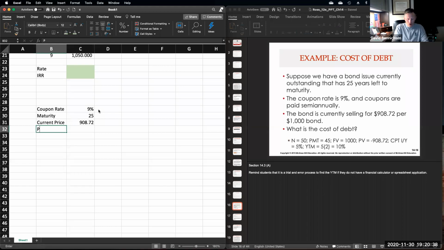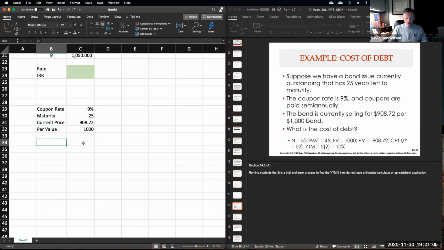And we know that par, because we've done this before, is 1,000. Okay, so what's the cost of our debt? What is the expected return? What is the yield to maturity? What return is required in the market today in order to make the present value of this bond equal to the current price? Essentially, what's the IRR of this bond?